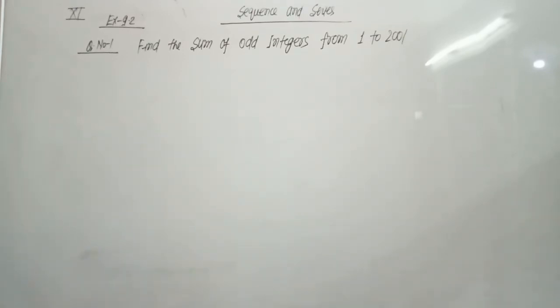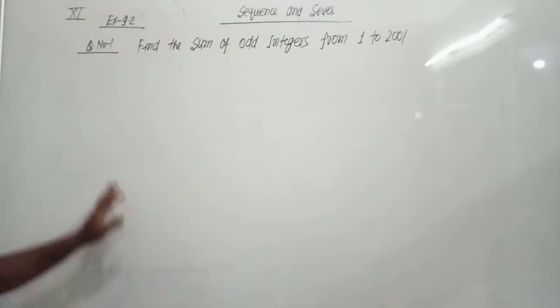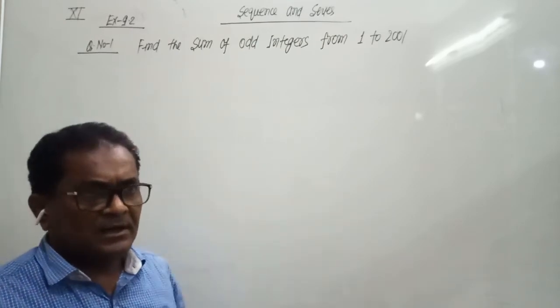We have to find the sum of odd integers from 1 to 2001.